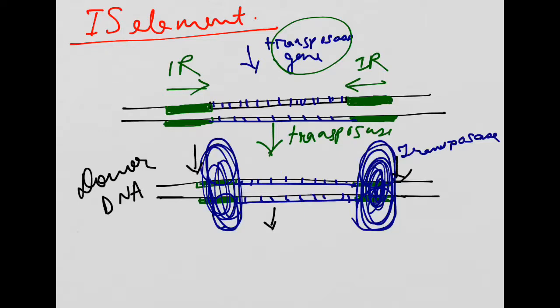And one more thing, when this transposable element gets inserted into a new DNA molecule, suppose this is a new DNA molecule. First of all, I'll show you how the transposase enzyme helps in cutting. So there will be formation of a structure like this.